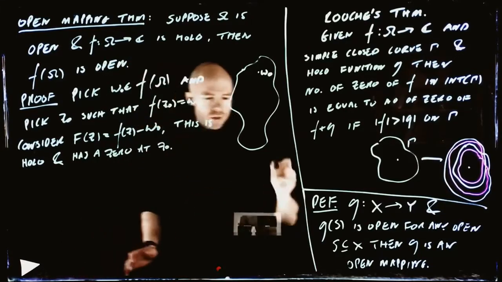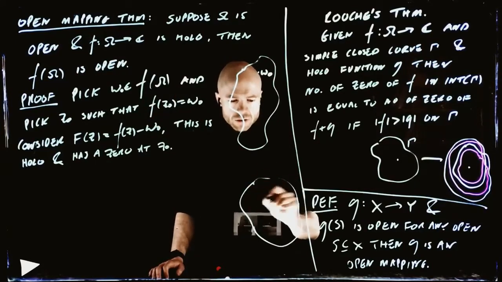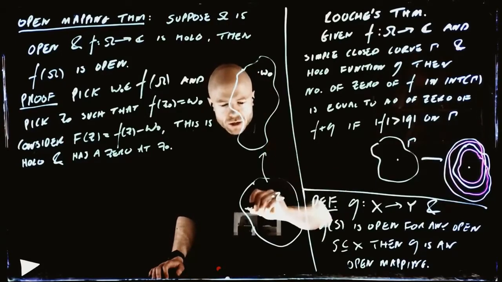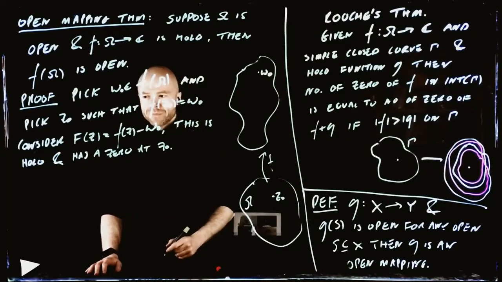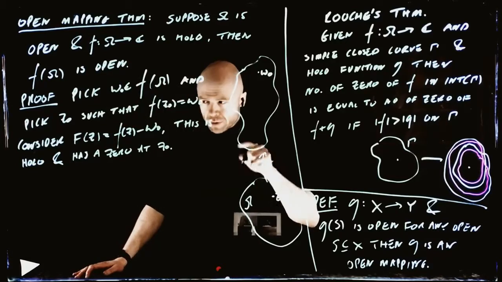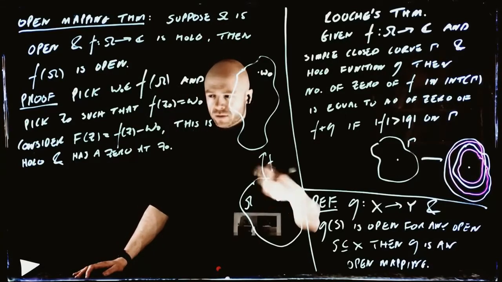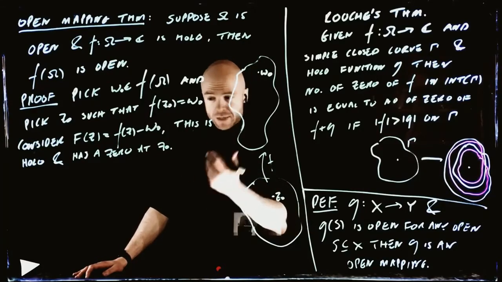So z0 is somewhere inside the domain. So let's put the domain over here. So this here is z0, and we're mapping from Omega into f of Omega like this. So capital F has a 0 at z0. But the 0 has to be isolated because it's a holomorphic mapping, right? So it's an isolated 0.